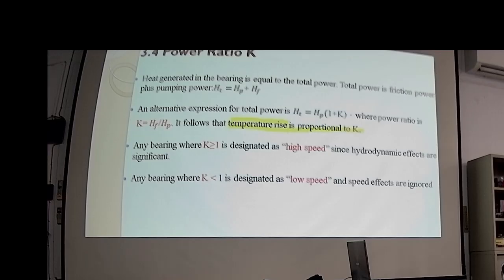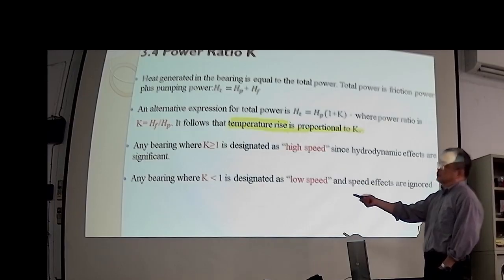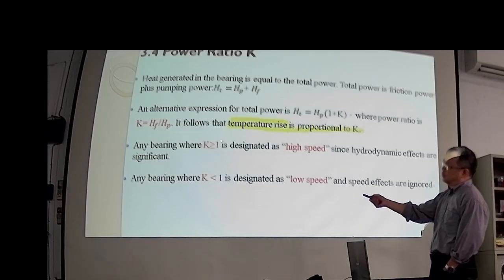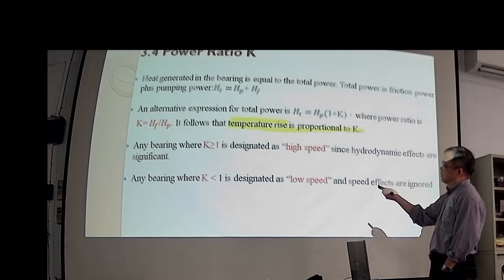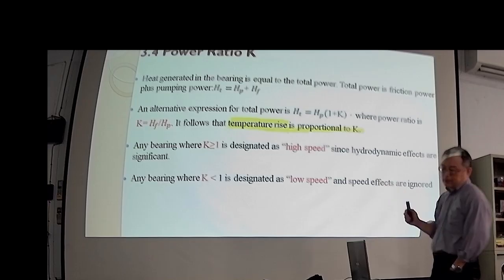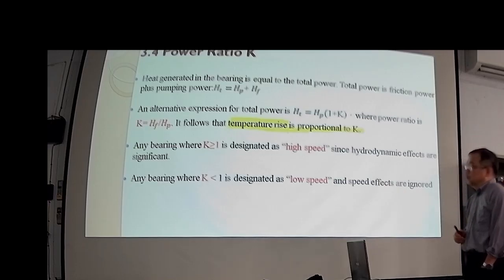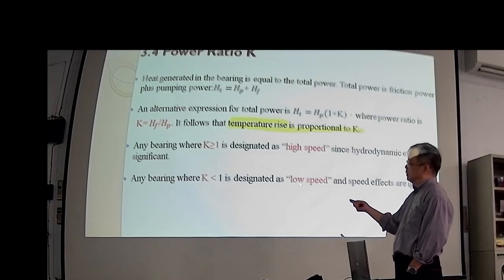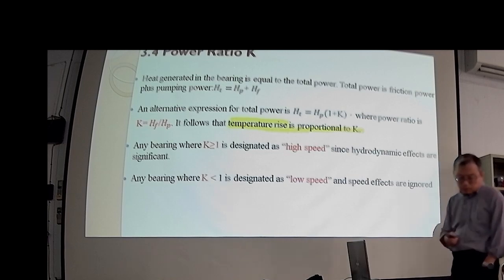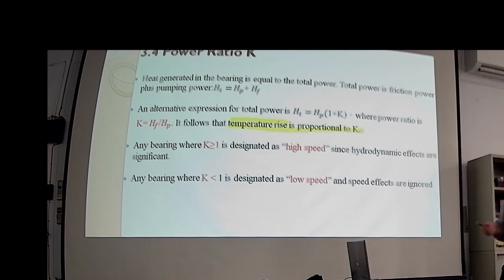So we define this power ratio K. If K is greater than one, it is a high speed hydrostatic bearing. And if K is smaller than one, it is a low speed hydrostatic bearing.